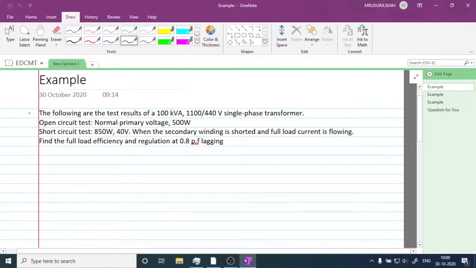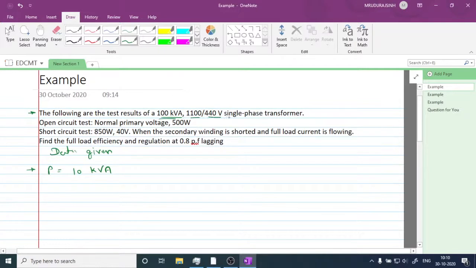So we will start with our green pen. We'll write whatever data is given to us. The following are the test results of a 10 kVA, 1100 by 440 volt single phase transformer. This 10 kVA is the power rating of the transformer, so we will write P is equal to 10 kVA.